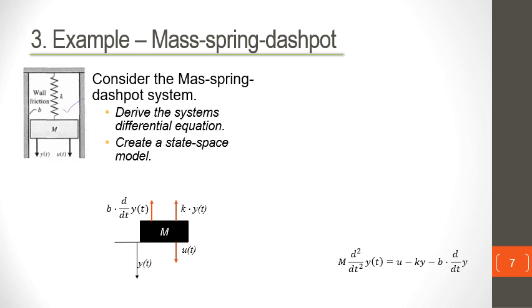The system is a mass attached to a spring, and it is pulled by an input, the force U of T. Its output is the displacement Y of T, and the mass has friction with the wall, which acts as a damper in the sense that the friction is proportional to the velocity.